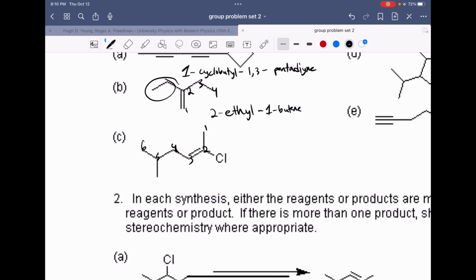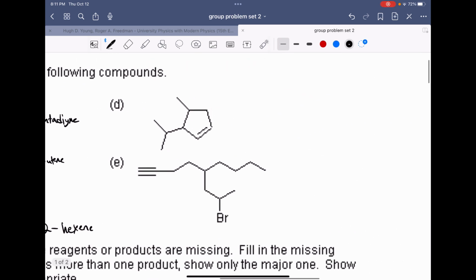So in this one, we have the chlorine at 2, and then we have the 5, which contains a methyl group. So chlorine will come first. So then the naming is 2 chloro, 5 methyl, 2, what is that? Hexene.